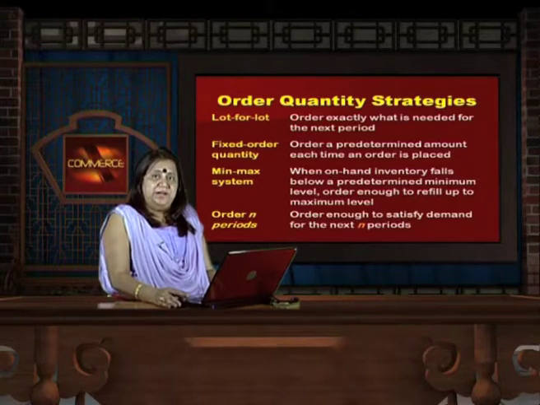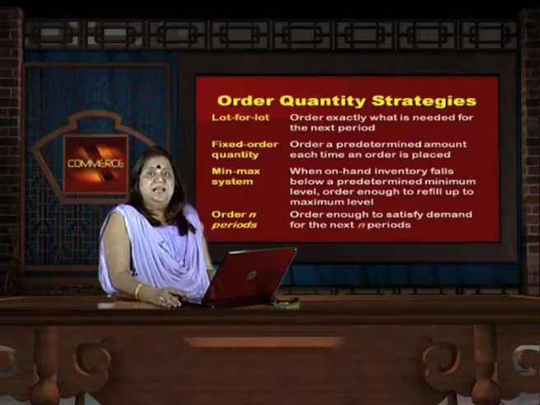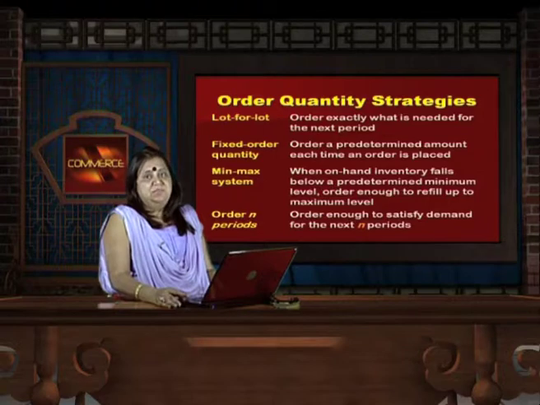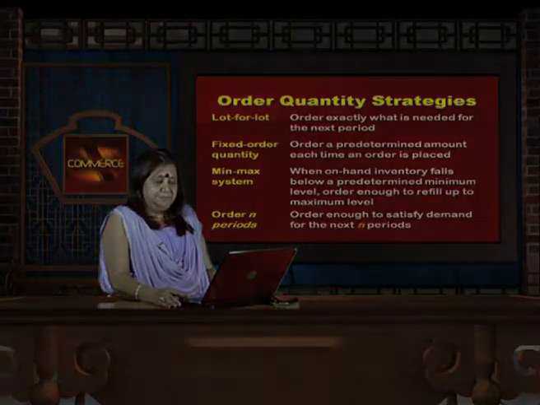Demand is not fluctuating and you have enough orders. So, you have one order quantity decided and you buy. Min-max system is when the inventory falls to a minimum level and you refill it, and order N periods is like a cyclic demand. How you refill your cylinders in your kitchen basically relates to this example.